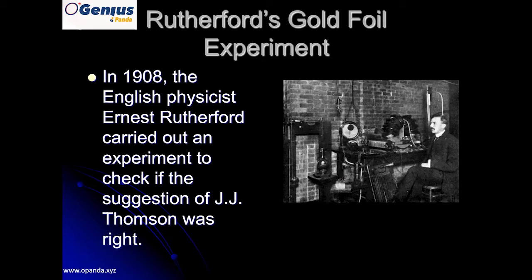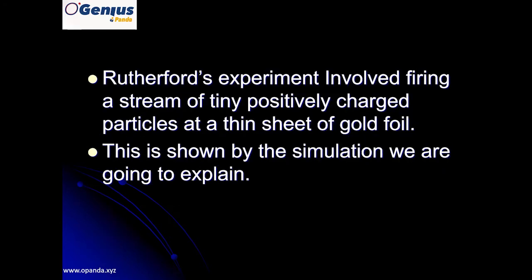In 1908, Ernest Rutherford carried out an experiment to check if J. J. Thomson's suggestion was right. It involved firing a stream of tiny positively charged particles at a thin sheet of gold. That is what we are going to see using the simulation.